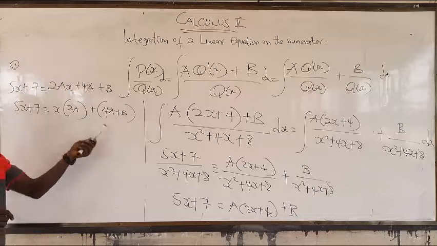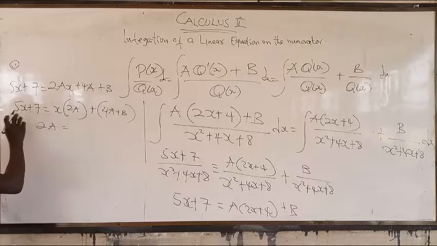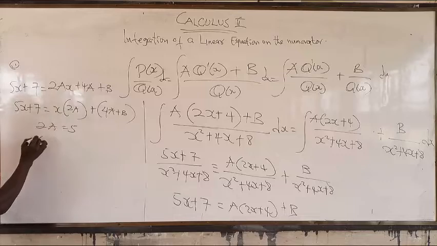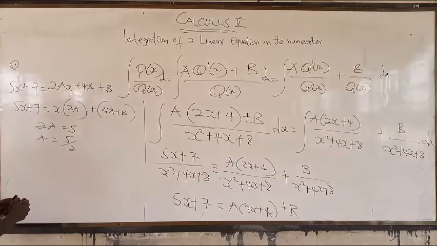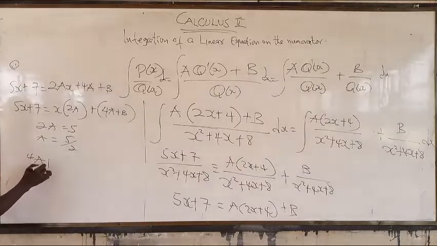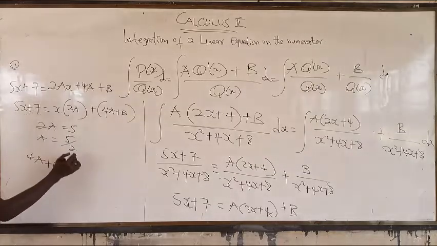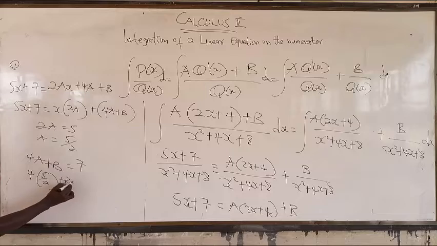So to compare the coefficients, we have 2a equal to the coefficient of s, which is 5. Therefore, a is equal to 5 over 2. Then we equate the constants, but we know that a is 5 over 2. Very good.